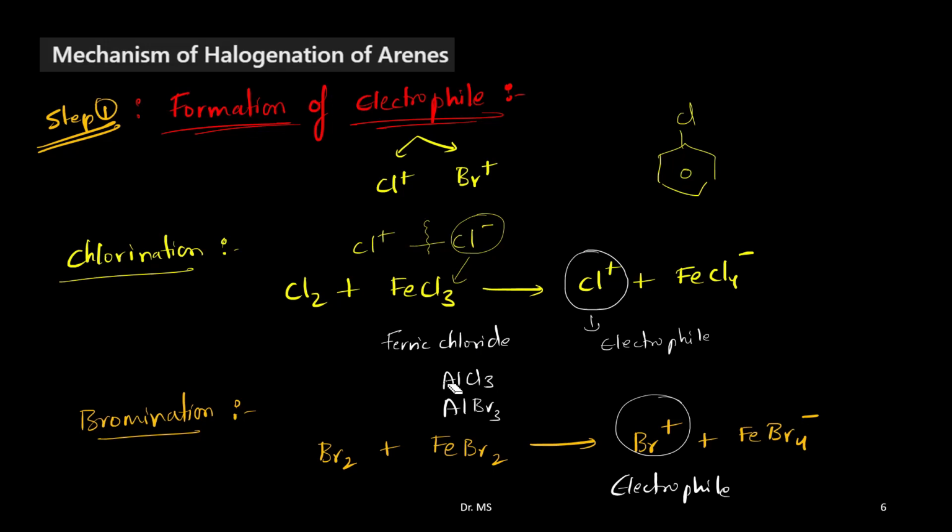So we are using this Lewis acid in order to break the bond between the chlorine and chlorine or bromine and bromine and make a chlorine electrophile or bromine electrophile. Once you've done that, next one, step two, is electrophilic attack.